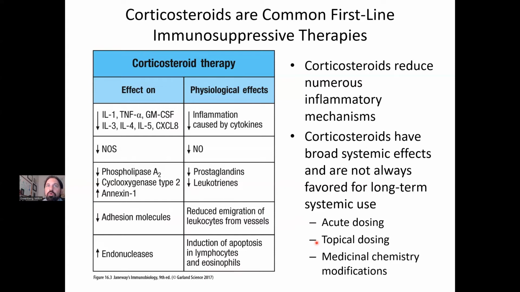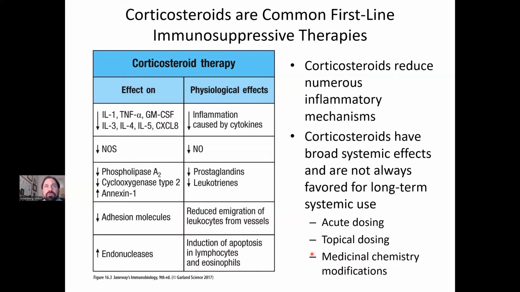This way it can kind of coat the gastrointestinal tract and then be eliminated by that first pass metabolism, be metabolized in the liver as it's getting absorbed through the gut into the portal vein, and therefore it's going to limit its systemic bioavailability. So therefore you're getting less systemic effects. So this is one trick to do these medicinal chemistry modifications to limit systemic activity.